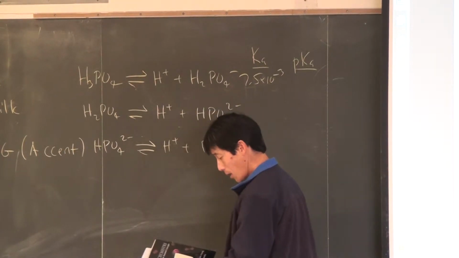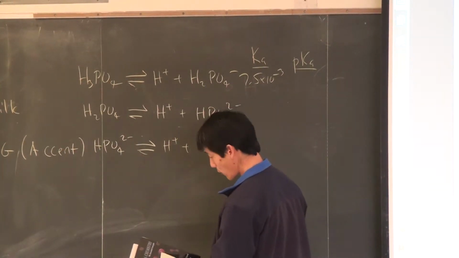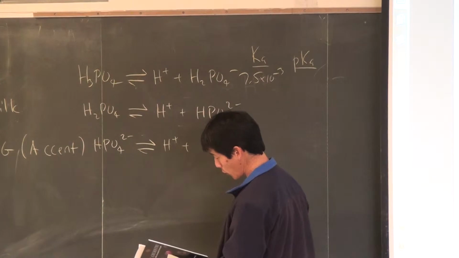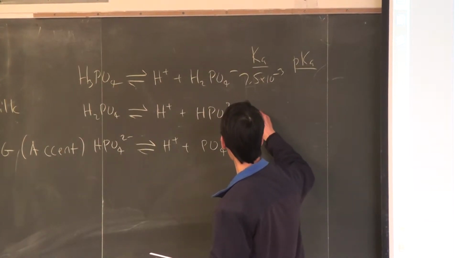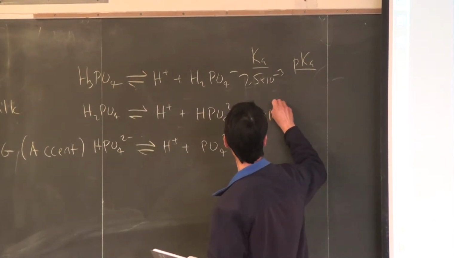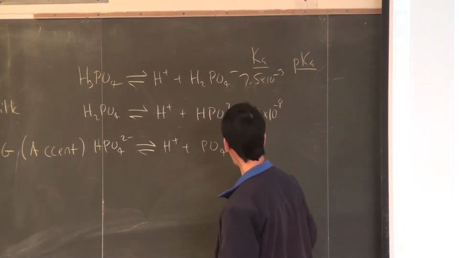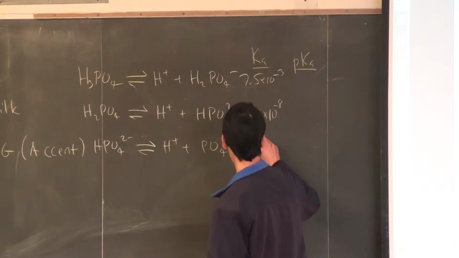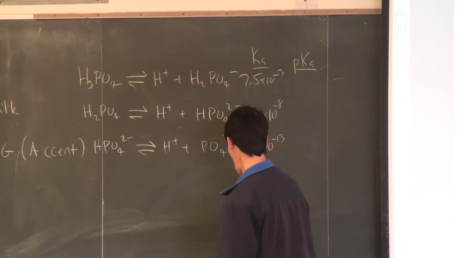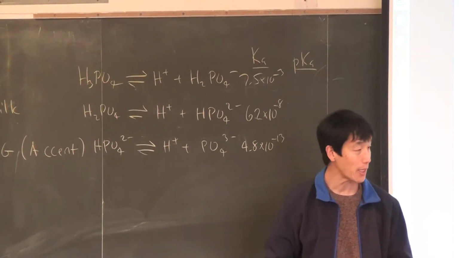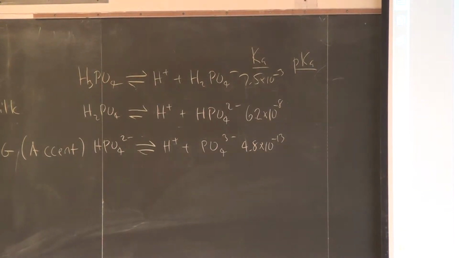For the dihydrogen phosphate, it's 6.2 times 10 to the minus 8. And for the hydrogen phosphate, it's 4.8 times 10 to the minus 13. So what I'd like you to do is to calculate the pKa for each acid. Then we can start filling in the information on this table or this graph.